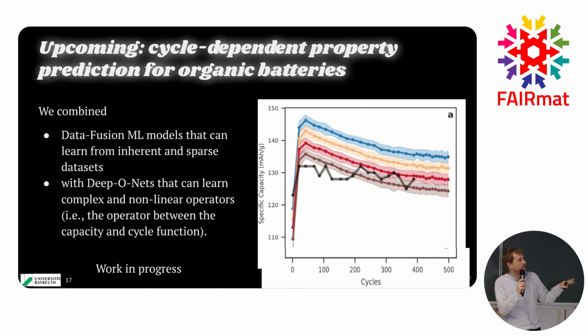In this case, it would be the operator between the capacity and the cycle function, which is a very interesting approach. It's a bit the opposite of PINNs, if someone knows PINNs, but it's very difficult to train physics-informed neural networks, which are PINNs. So deep nets are a bit of a new way of doing that. We directly learn the operator here.